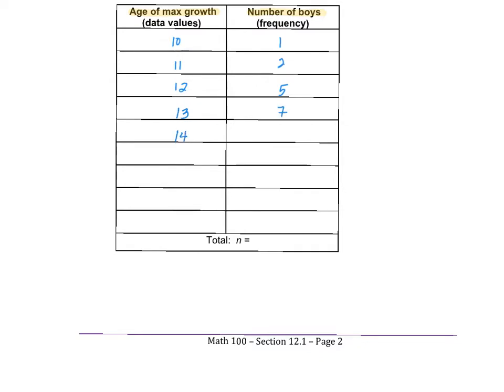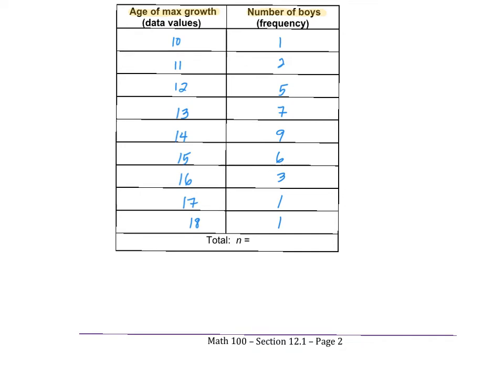For the age of 14, we have 9. Age of 15, I counted 6. Age of 16, I counted 3. At the age of 17, 1. And then 18 is 1. So this table is complete.